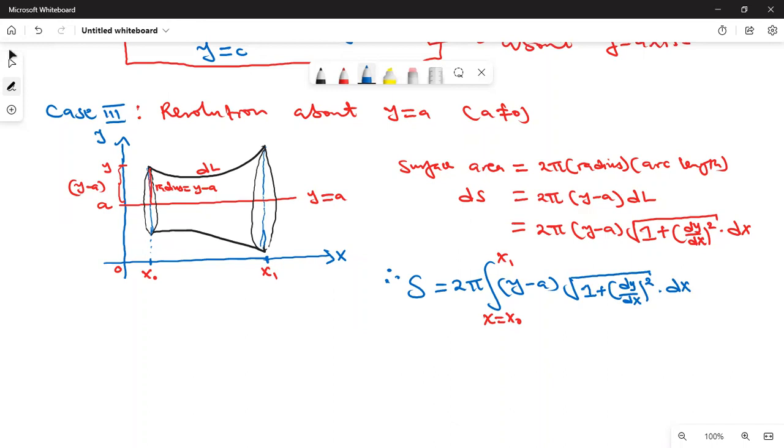That is the formula. When a is equals to 0, we go back to the rotation about the x-axis, because the x-axis has the equation y is equals to 0. So this applies to case 1 and any other horizontal line.